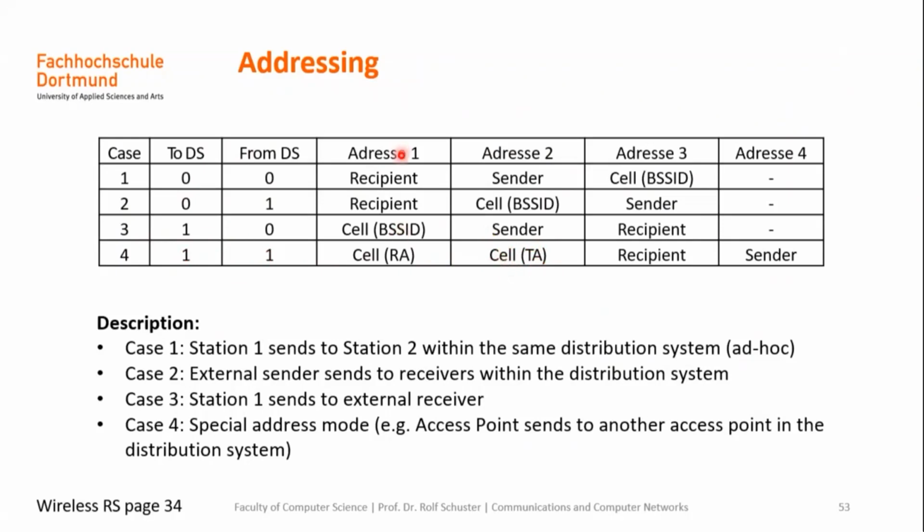The address one is the address of the other access point. But in fact, behind this, we have a sender in the address 4 and the recipient in the address 3. Always the access points are considered in those cases as intermediary devices, not end systems, in the exchange of the frames.